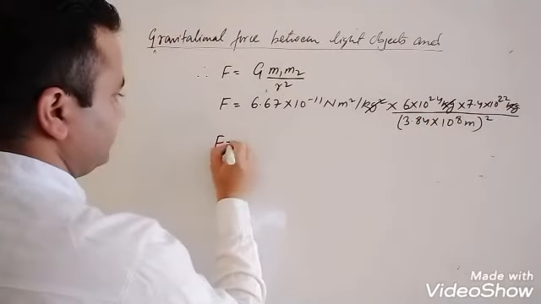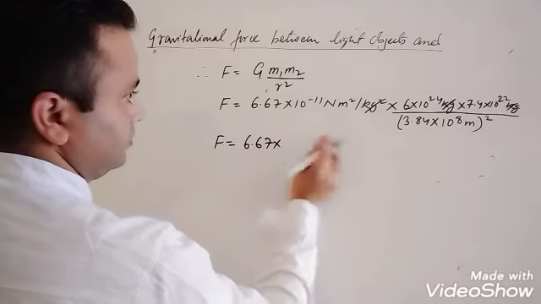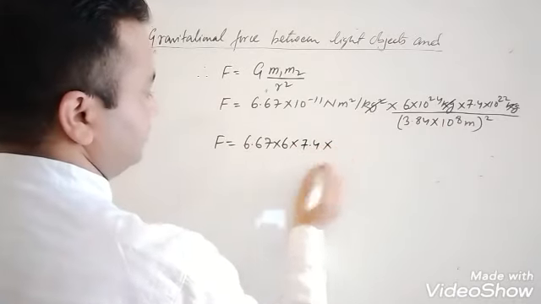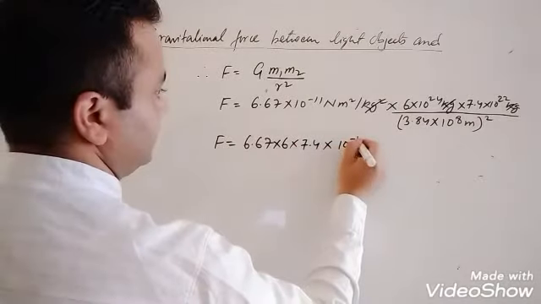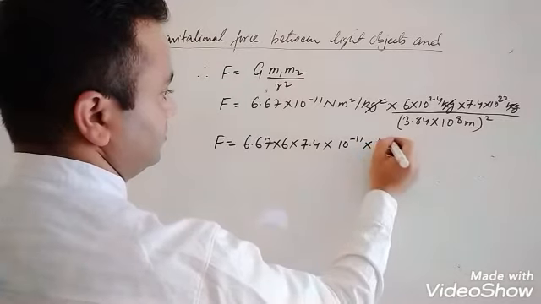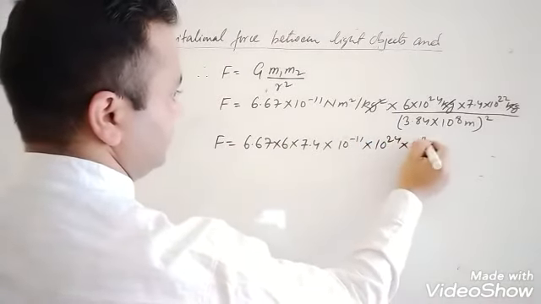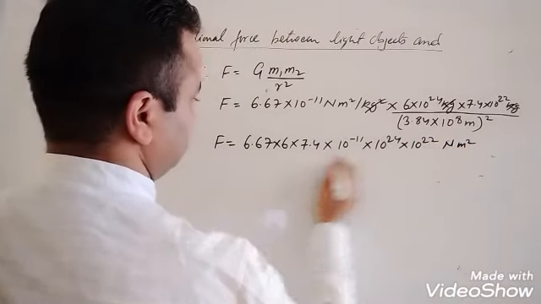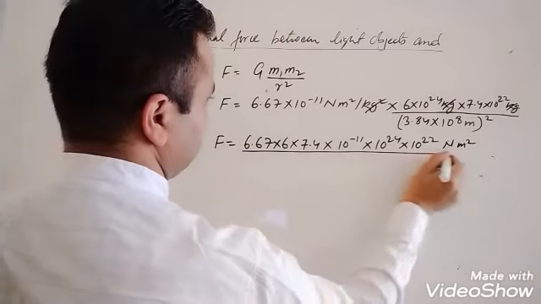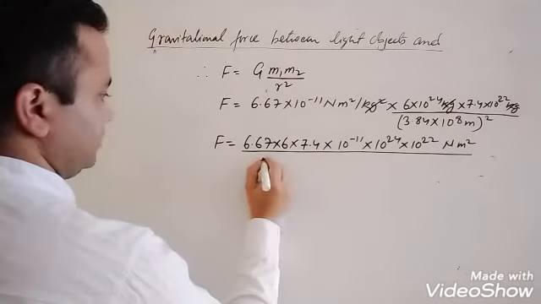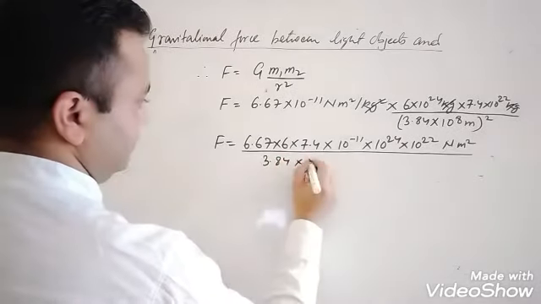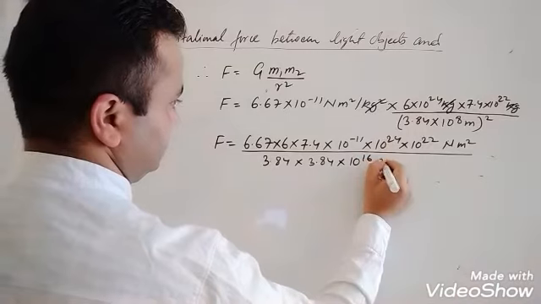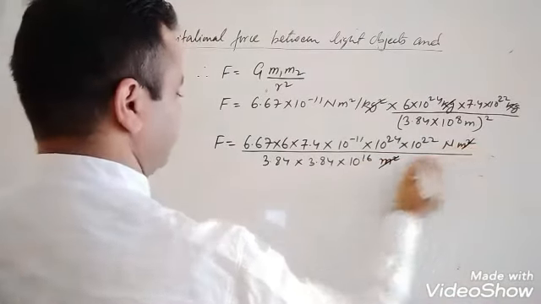So F equals 6.67 into 6 into 7.4 into 10 to the power minus 11 into 10 to the power 24 into 10 to the power 22 Newton meter square, divided by 3.84 into 3.84 into 3.84 into 10 to the power 16 meter square. Now meter square also cancel.